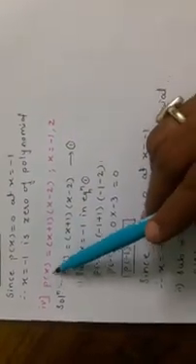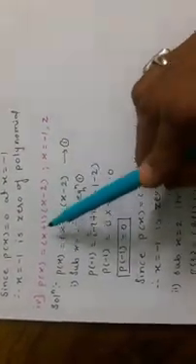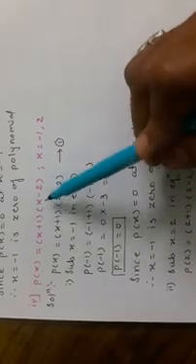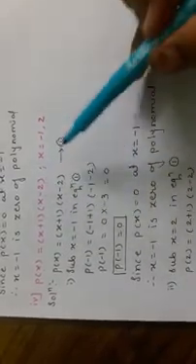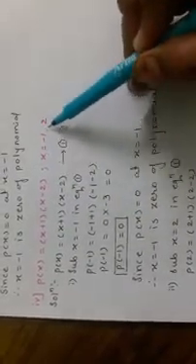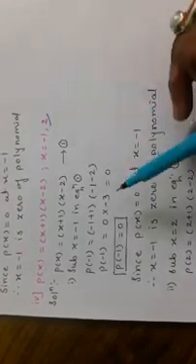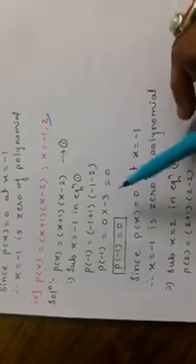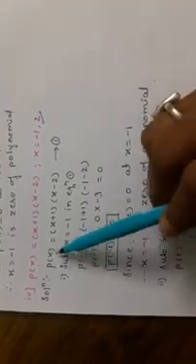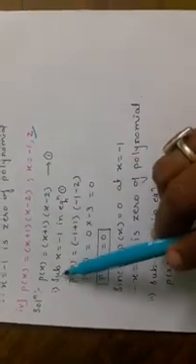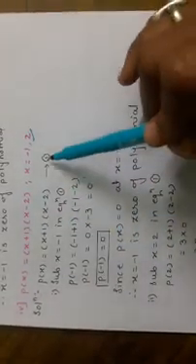Fourth problem: p of x is equal to x plus 1 in the first bracket, x minus 2 in the second bracket, and again we have to check x equals minus 1 and 2. These are the two values, whether they are zeros of the polynomial or not. First we consider this polynomial as equation 1. We substitute x equals minus 1 in equation 1.